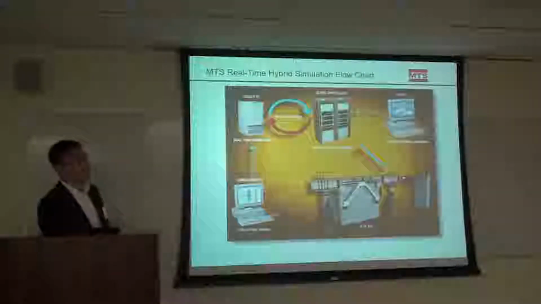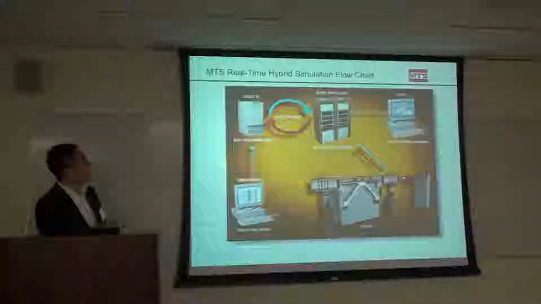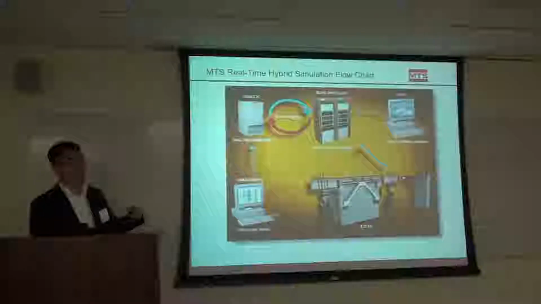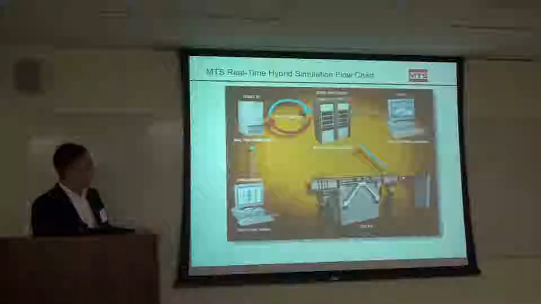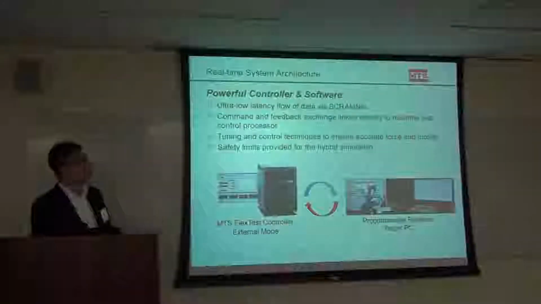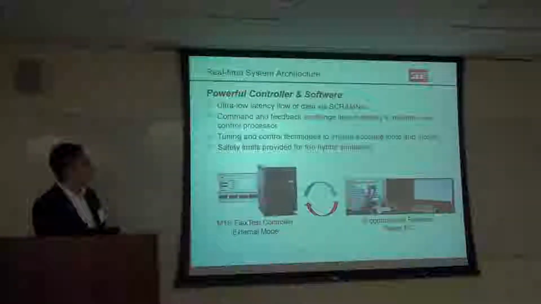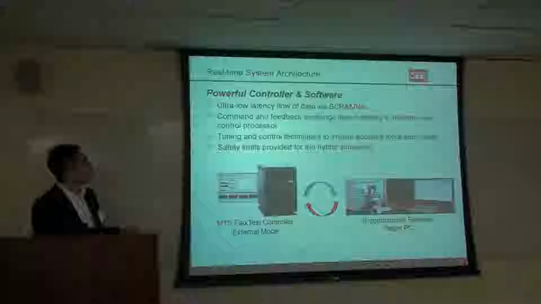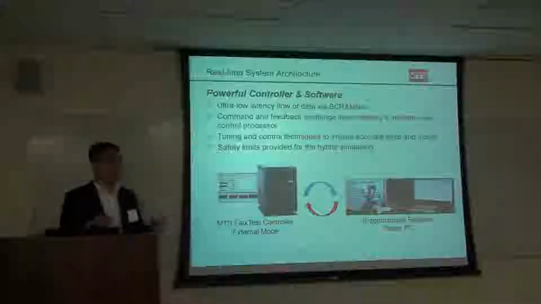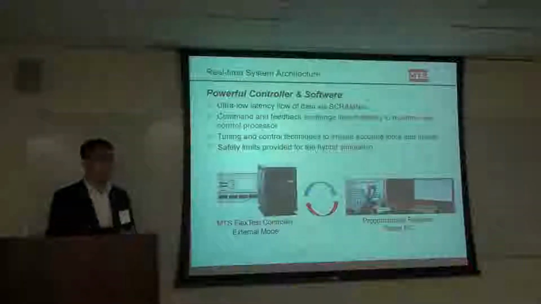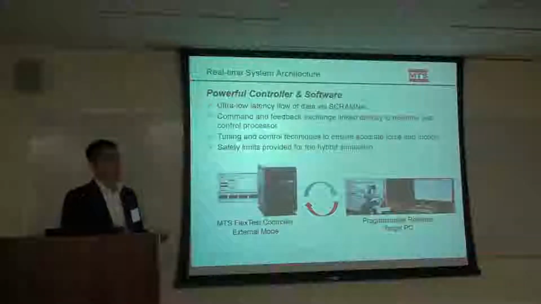Both of those two machines are real-time machines, and they are connected through this reflective memory technique so that they can be pretty much synchronized with minimum latency. According to the ScramNet specification, they can do data transfer in the order of microseconds.